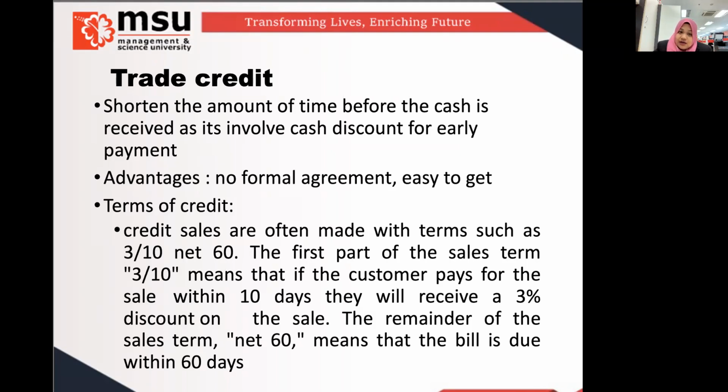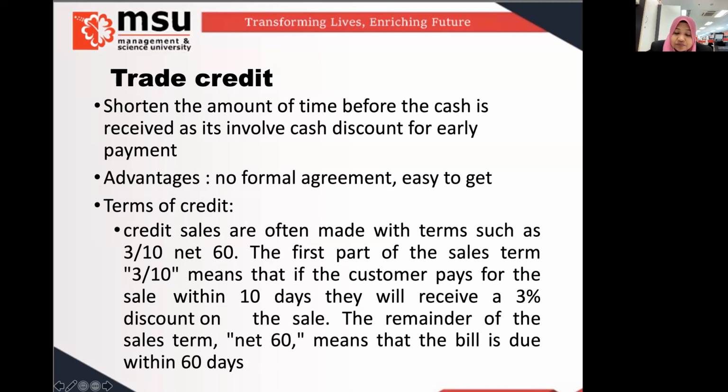The meaning of 3 is that if the money you need to pay to the account payable is 100 ringgit, for example, and you are able to pay during the duration of 10 days, you only need to pay 97 ringgit instead of 100 ringgit.